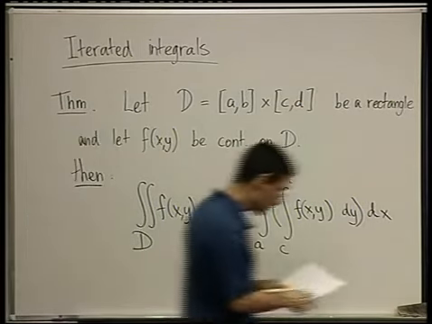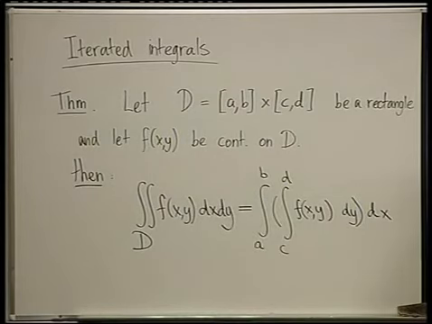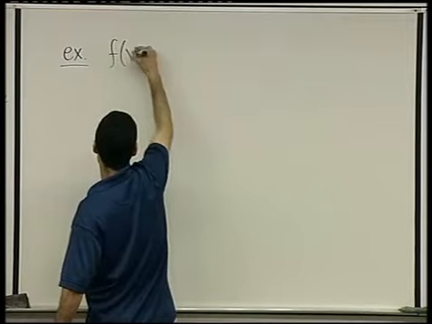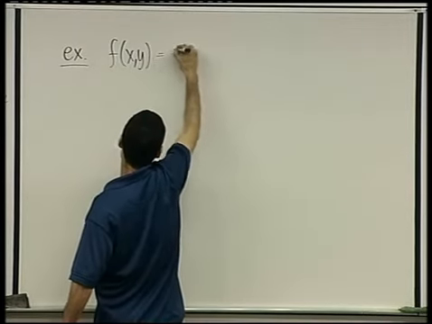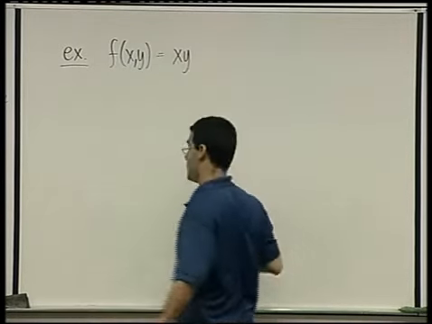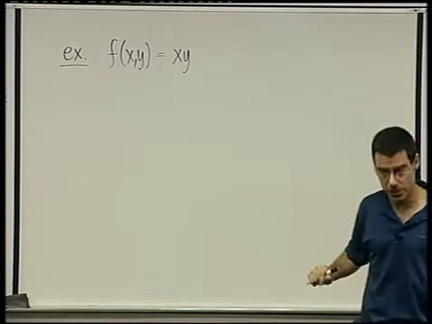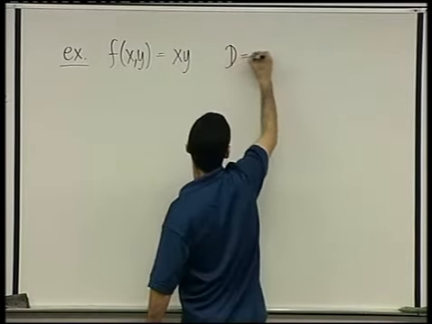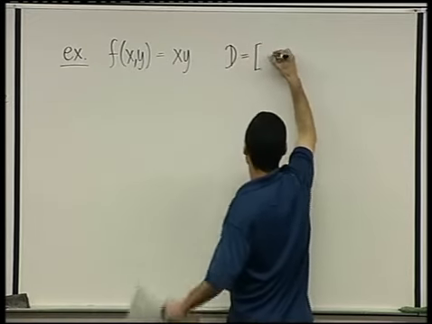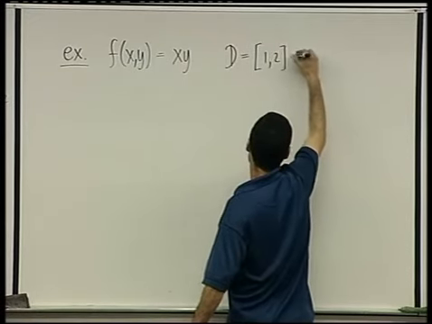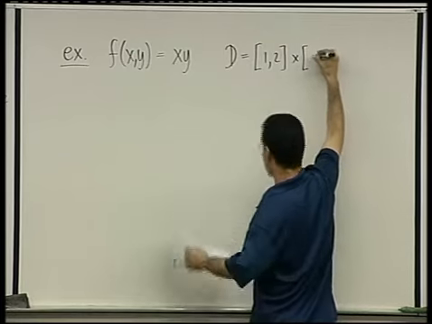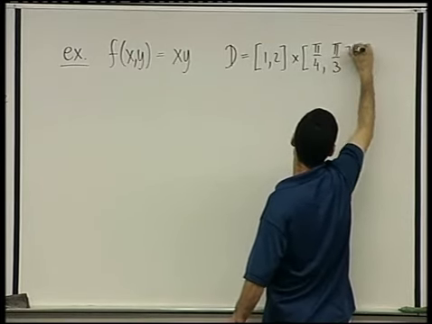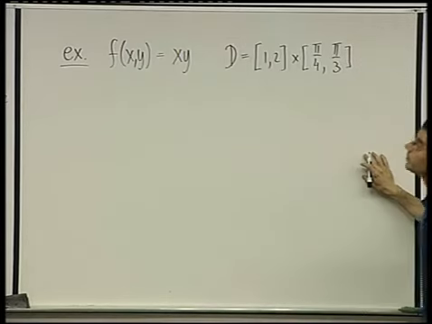So here's an example. Let's look at the function f(x,y), which is just going to be x times y. It's the first example, so it's an easy example. And let's take the domain D, the rectangle, to be [1,2] cross [pi/4, pi/3].